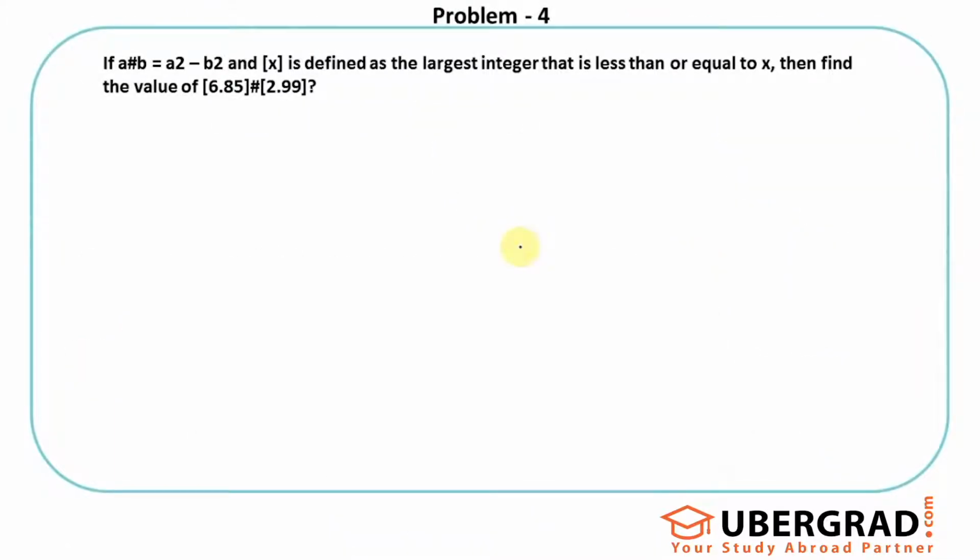This one is on the formulas thing, so I'm defining a new formula: a hash b means a square minus b square. And now this is the greatest integer function, defined as the largest integer that is less than or equal to x. We have already discussed this earlier, right?